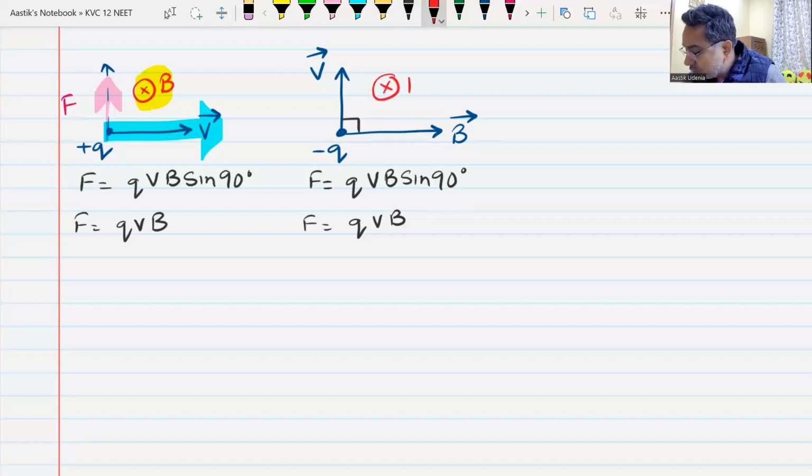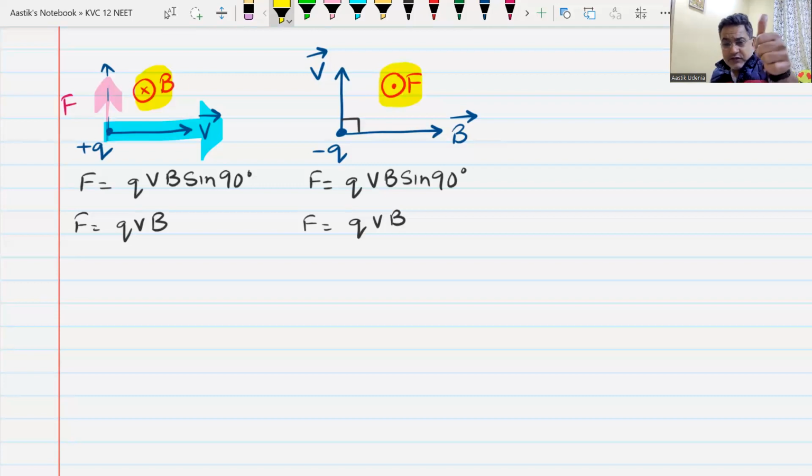So your force will go inside the board. But remember, that is the force on the positive charge. Charge here is negative. So you have to reverse the direction. So you cannot call it inside. You have to call it outside. So the force would be coming outside. Do we understand this? How I have done this? Yes or no?